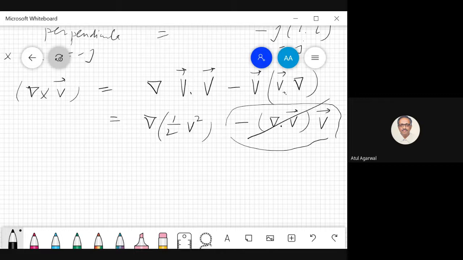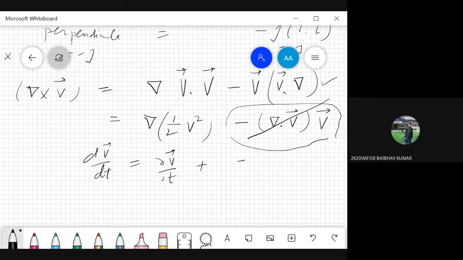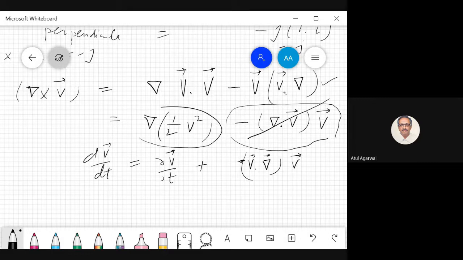So if it is like this, what is dV by dt? It is equal to del V by del t plus V dot del, V dot gradient into V. That's the way you had written. Yes, sir. So what do you get? Now how can you write this like this? Suppose we pick this term, gradient of half V square.